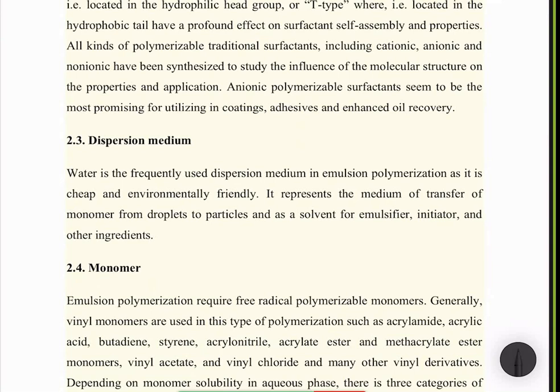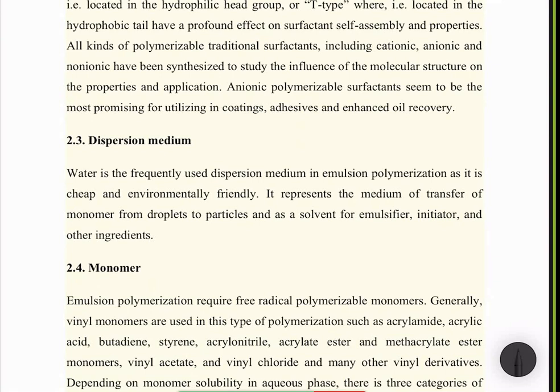It solubilizes the initiator, and it solubilizes a part of the emulsifier and other ingredients that are being used. So that way, the dispersion medium, that is water, plays its role in conventional polymerization. And during polymerization, it also plays a very important role.